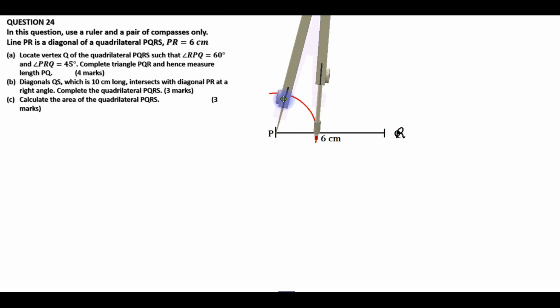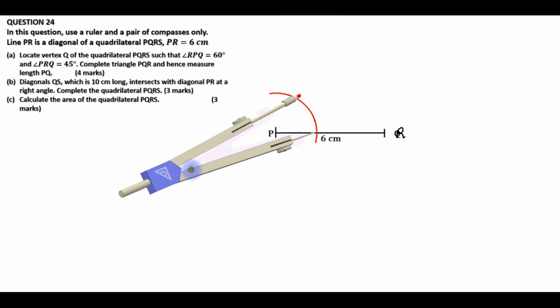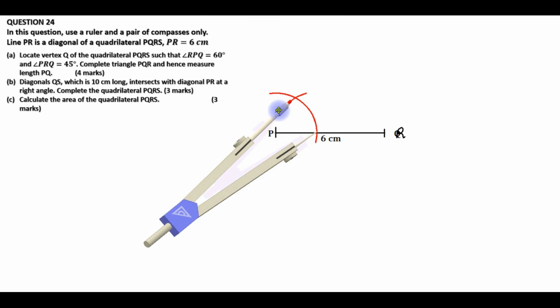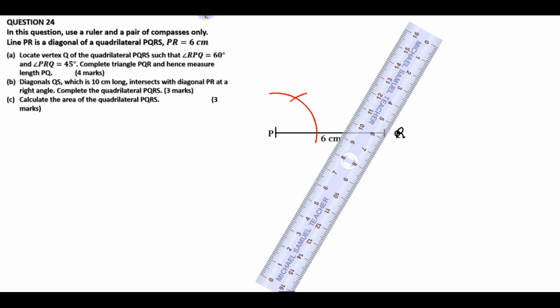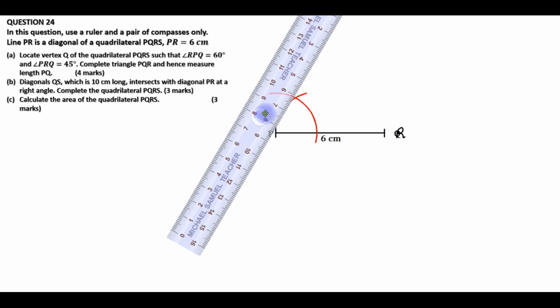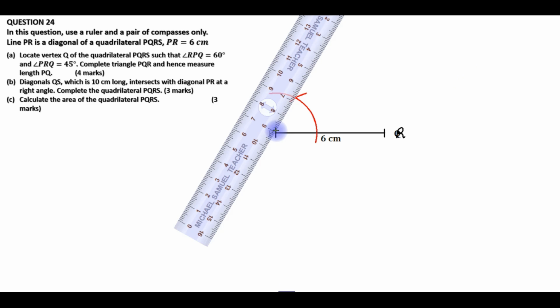Then from there, I move the point of the compass to this side, maintain the same radius and put an arc there. Once I do that, I use a ruler to join the point P and the intersection of the arcs. So let me join the point P and the intersection of the arcs.